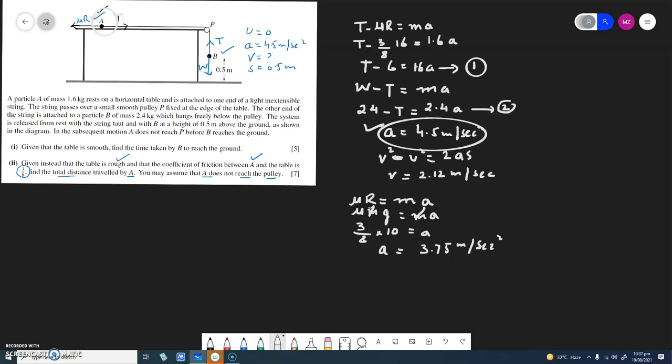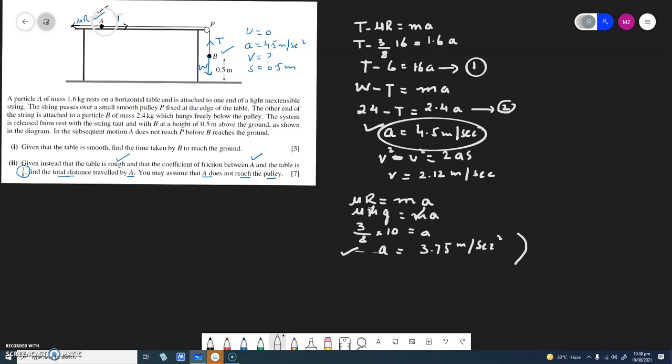Now the scenario becomes that the acceleration of the particle A is 3.75 meters per second square, and its velocity will be the same as the final velocity with which B hits the ground.